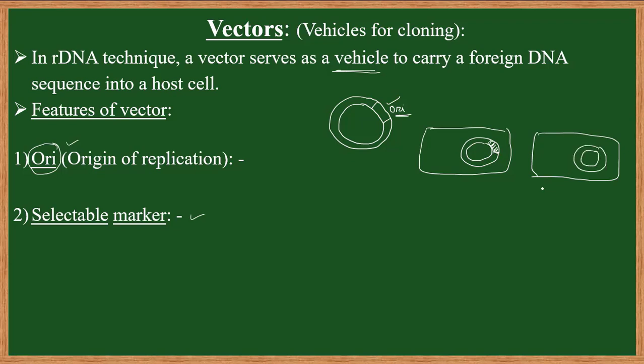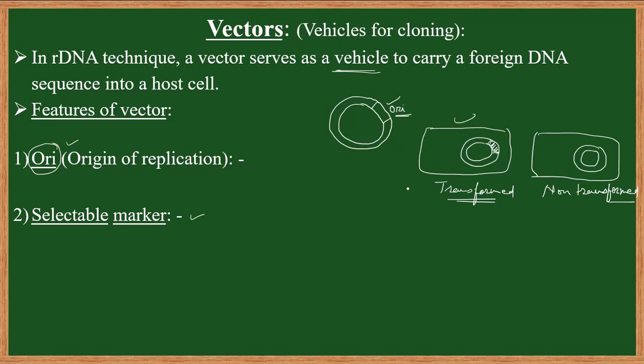This one is the transformed cell. Transformed means after gene transfer, and here is non-transformed, where there is no gene transfer. So how do we select the transformed cell?